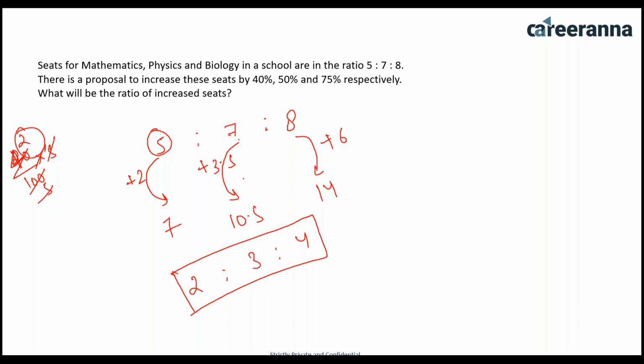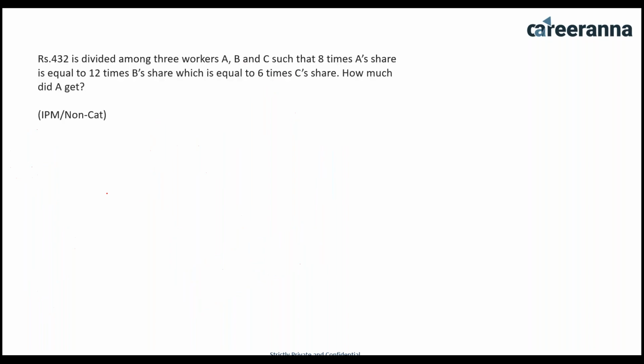Guys, I told you to remember the fraction table. 20% is 1 by 5, 40% will be 2 by 5. 2 by 5 of 5 is 2. So it will be 7. You can also solve it like this. 2 is added here. Very easy question. Next slide.